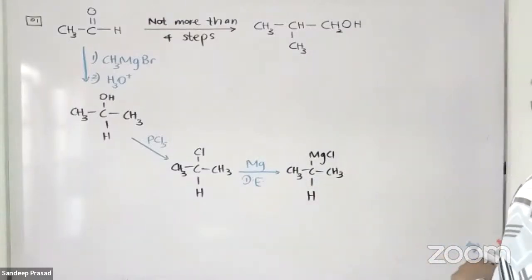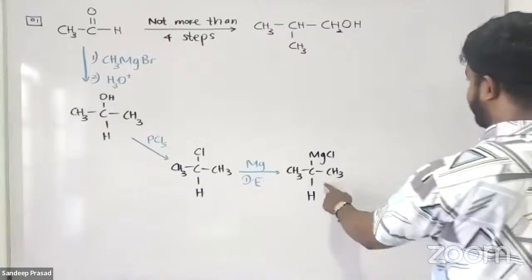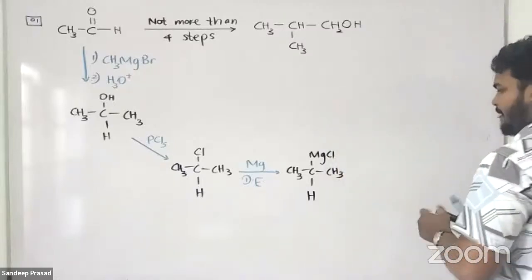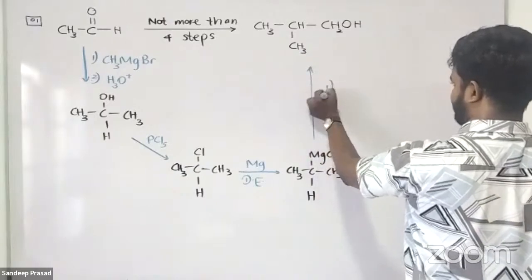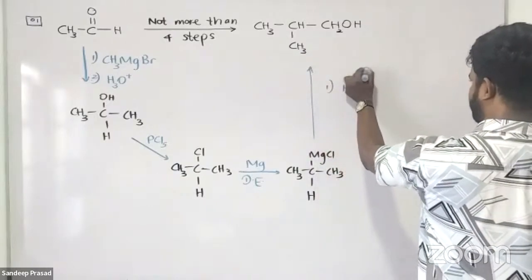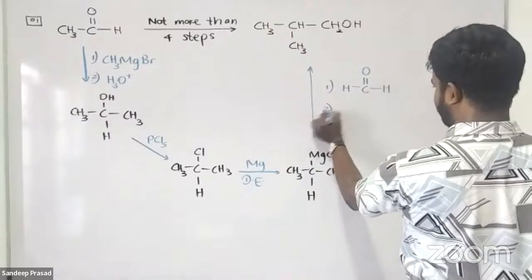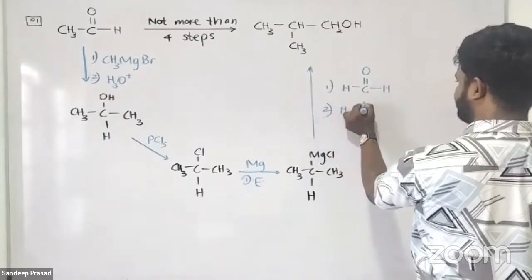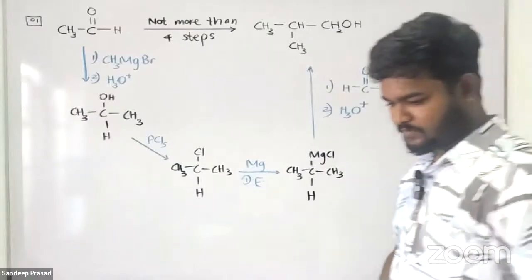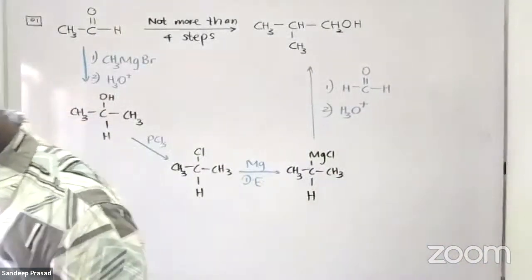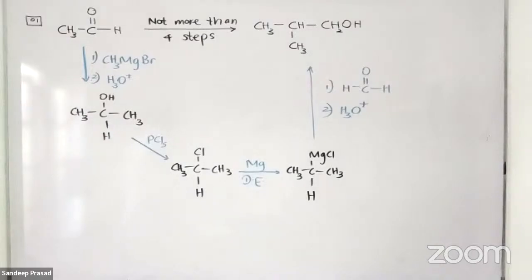And from here, directly we can go to the next step by adding the simplest aldehyde, methanal, HC double bond O, H. And secondly, we add H3O+. So we can do this conversion this way. That's very simple. This is what I gave you as homework in the last session. Not difficult.